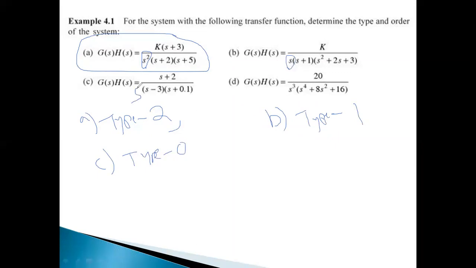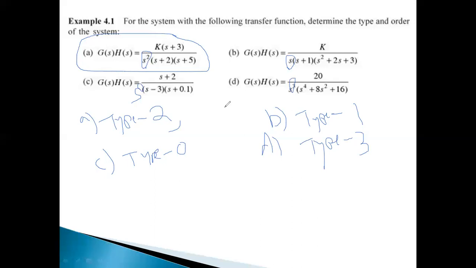There is s to the power of 0, that is a constant value, so we can write it as a type 0 system. For the fourth one, a total of 3 poles are present at the origin, so the type number is 3. Simply by observing the number of poles present at the origin in the given transfer function, we can say the system type, whether it is type 0, type 1, type 2 or type 3.